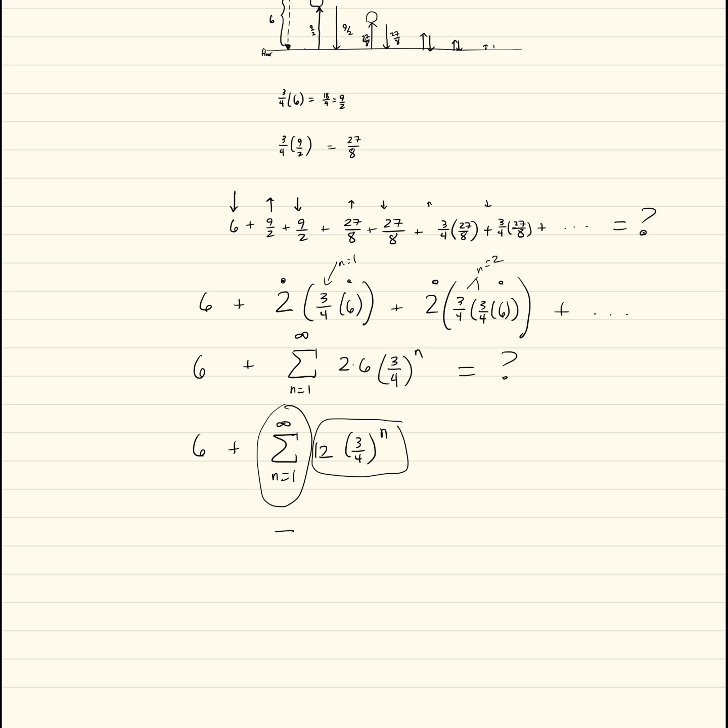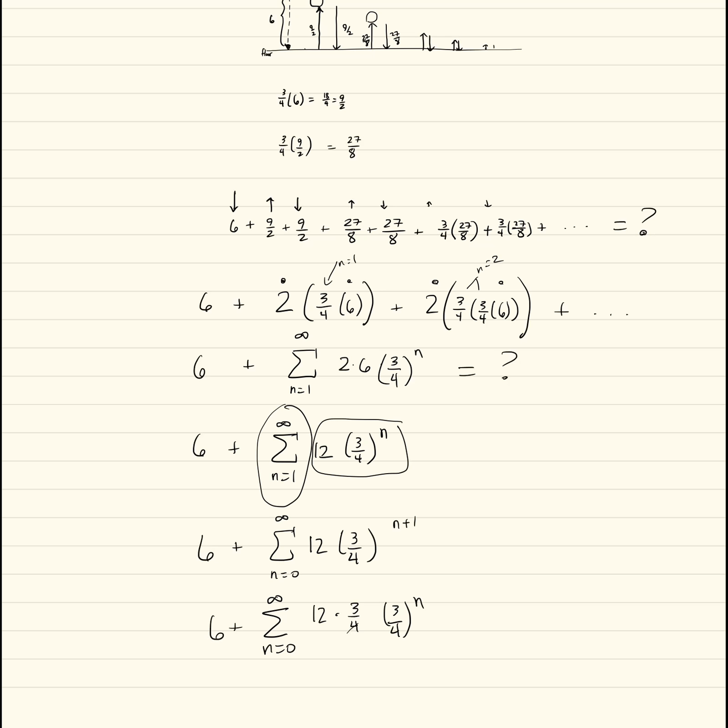So if I subtract 1 from my index on the outside, then I'm going to add 1 to my index on the inside. So I have 12 times 3/4 to the n plus 1. I can peel off a 3/4 so that I now have 3/4 to the n, n from 0 to infinity, plus 6.